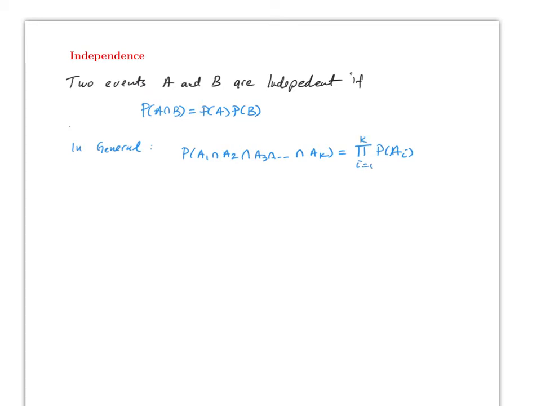And the last thing related to independence is called conditional probability. So this is also going to be very useful.